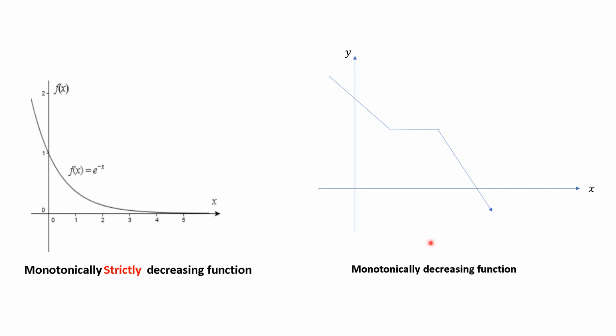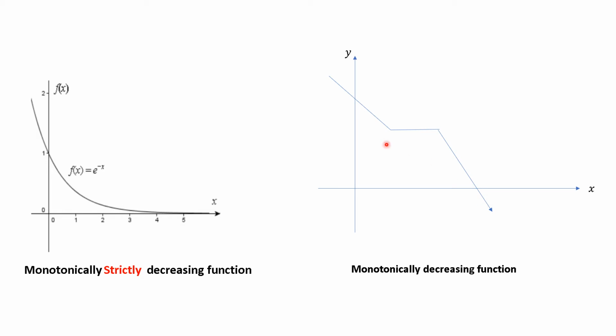Look at the second graph. As x goes on increasing, f of x goes on decreasing. At this interval, f of x is stable but not increasing. After that, again it is decreasing.